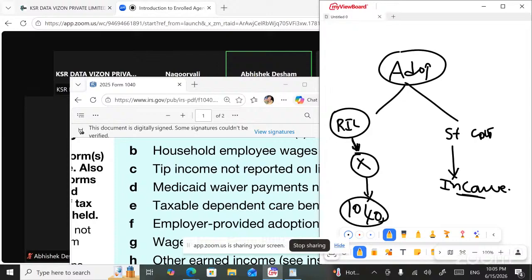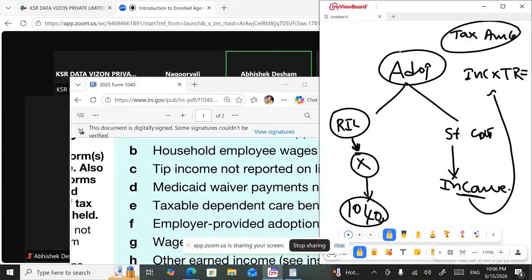Once income is calculated, then we have to calculate the tax amount. Income times tax rate is the total tax amount. Once the tax amount is calculated, the entire tax amount need not be paid to the government.